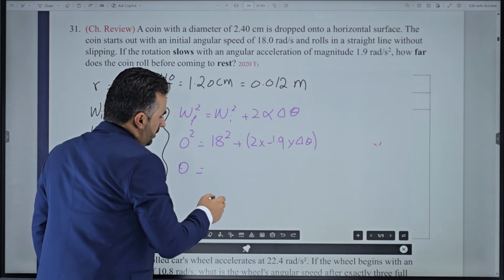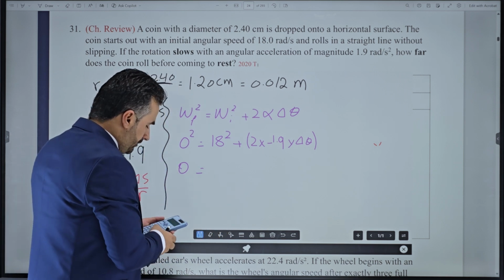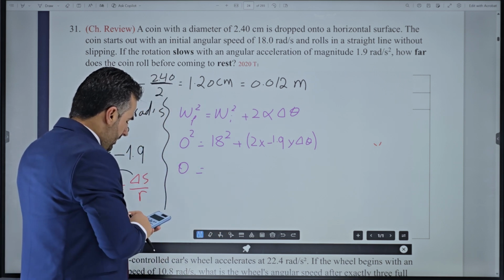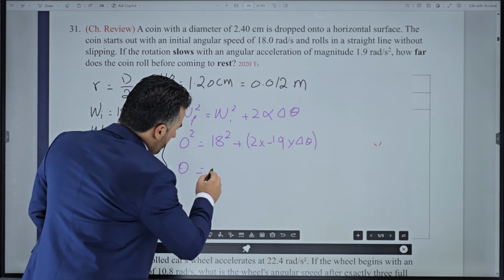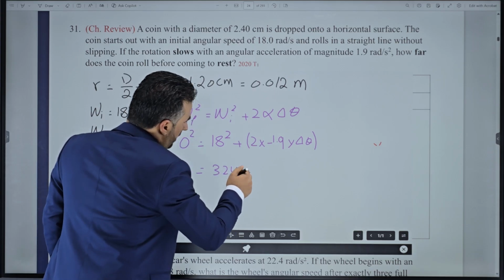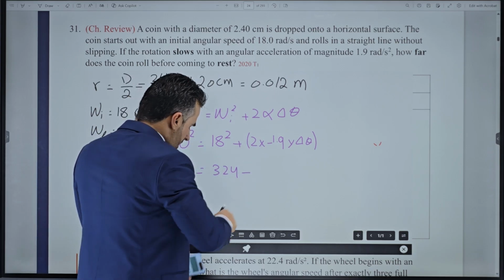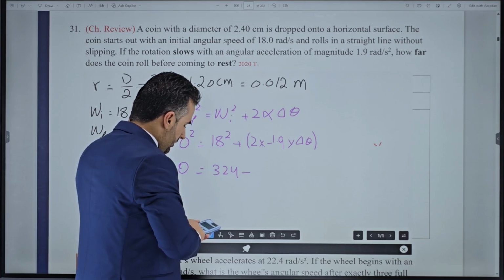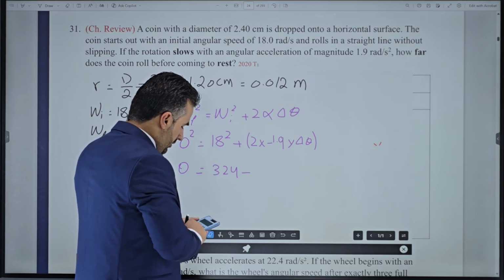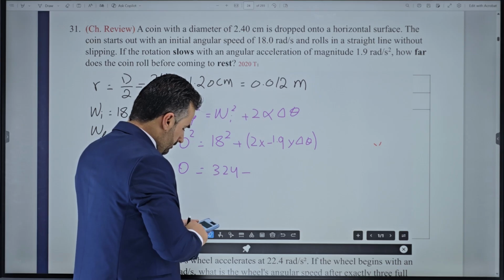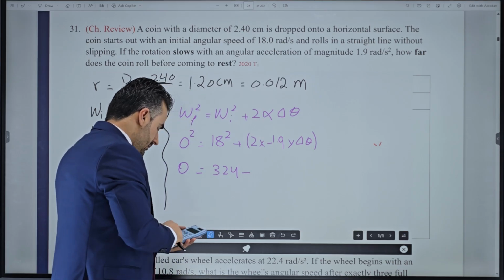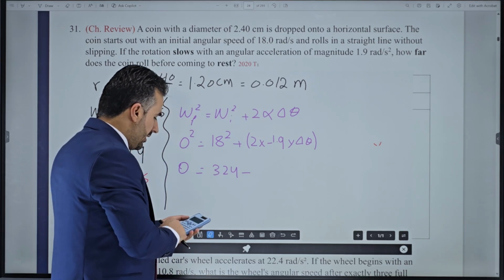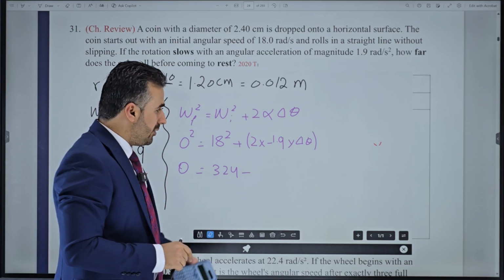So 0 is equal to 18 squared, which is 324, plus, and minus, of course, 2 times 1.9. 2 times 1.9, the answer is going to be 3.8.